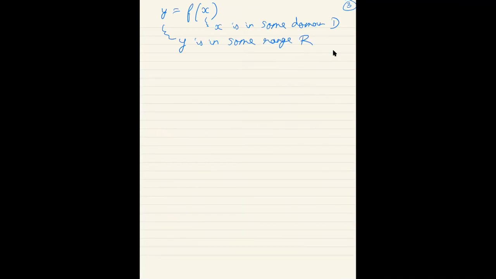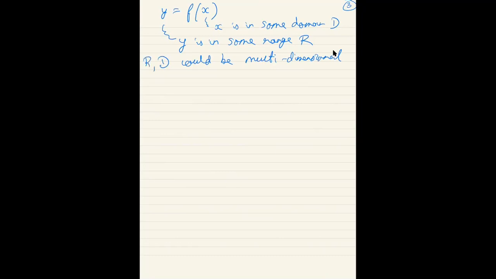So this could be multidimensional. The domain could be multidimensional, which means you could look at pairs of numbers, you could look at triplets of numbers, you can look at all sorts of abstract properties, and same thing for the range R.